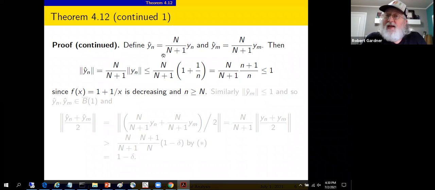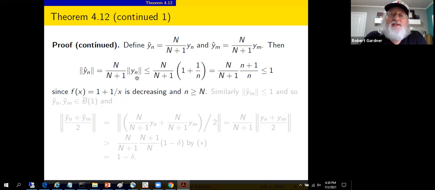Define y sub n hat and y sub m hat by taking y sub n and y sub m and scaling them by capital N over capital N plus 1. Then we have the following. The norm of y sub n hat, and similarly for y sub m hat, is the scale factor N over N plus 1 times the norm of y sub n, using the scalar property of norms.